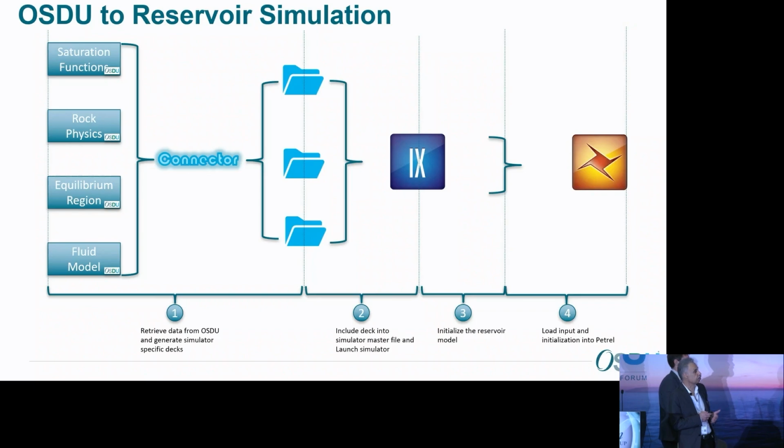In the third part, we initialize the reservoir, run the simulation for a day to get a stable model, and then look into the print file from the simulator. In the last part, we load the entire simulator deck, as well as the results of the initialization, in another commercial product, and we visualize the data that we have gone through from OSDU all the way to the simulator.